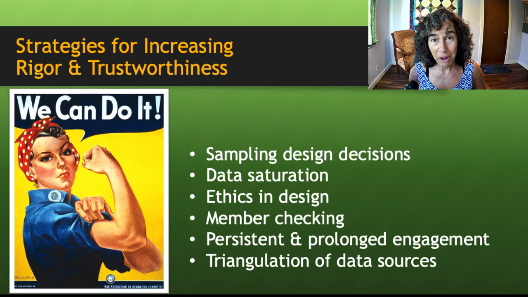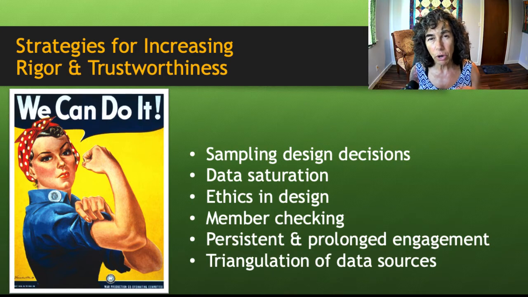We do, however, have a number of strategies for increasing rigor and trustworthiness. Trustworthiness is the qualitative term for validity, reliability, all that stuff. Some of this has to do with how we decide to sample and how much data we collect, so that idea of thick description, and also data saturation.